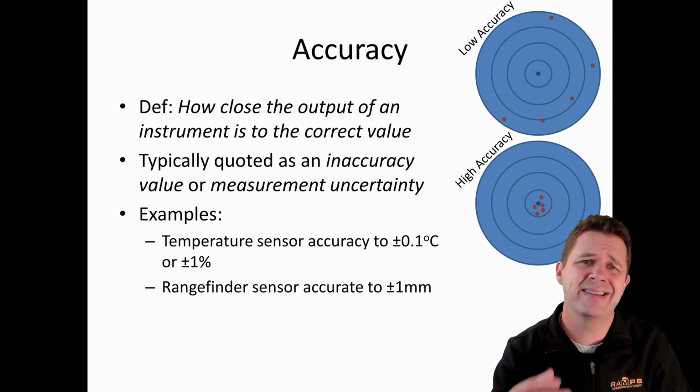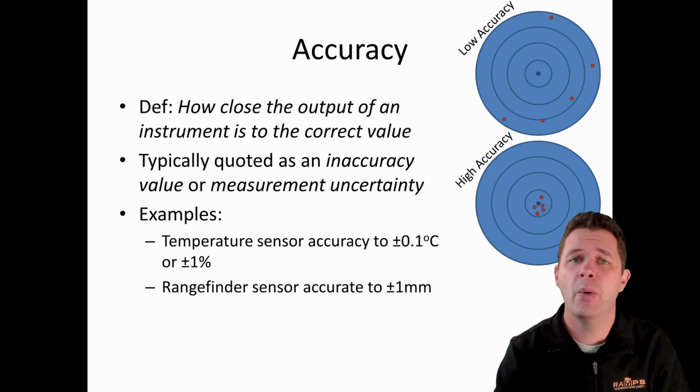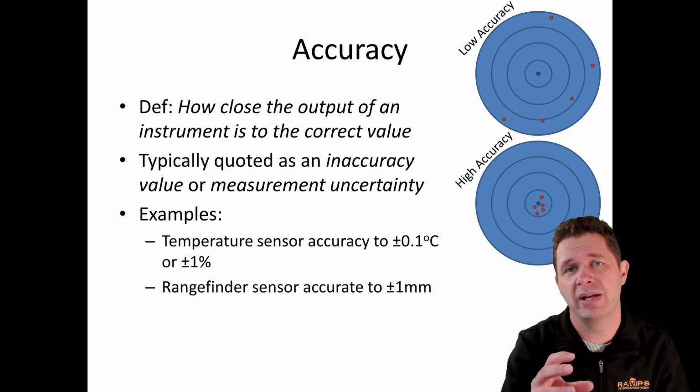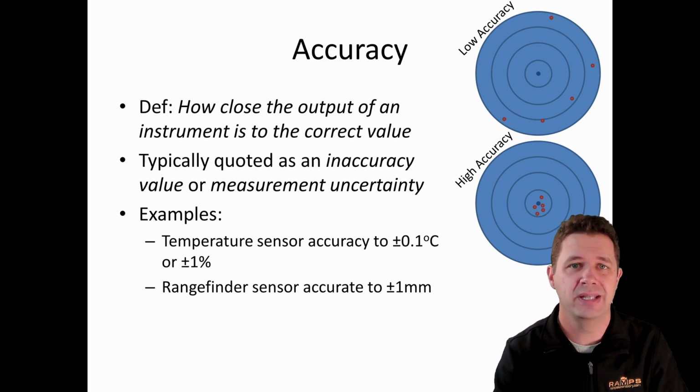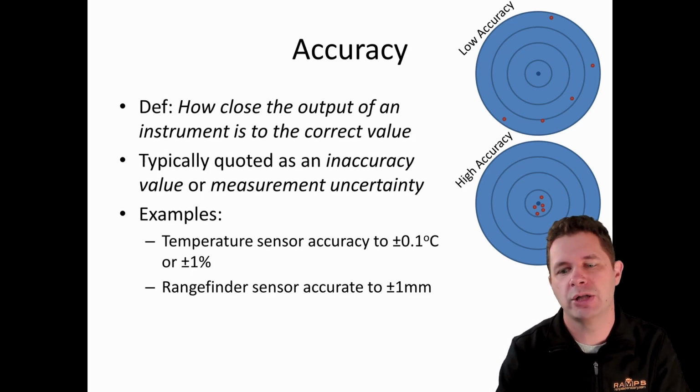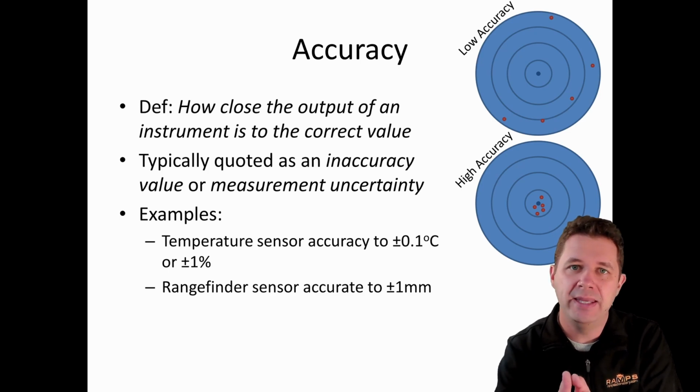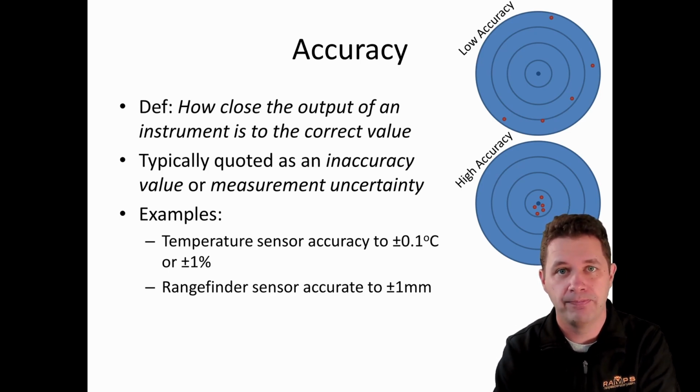Now, obviously, in our sensors, we're not dealing with darts, but we're dealing with quantized measurements of a particular physical quantity. For example, temperature, pressure, flow, whatever it may be. So our temperature measurement, our true value might be 25 degrees, for example.